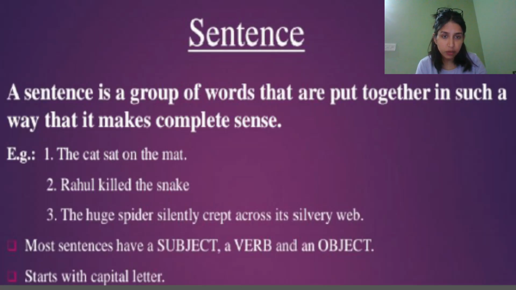Just like this, we'll be constructing different sentences and learning what different types of sentences there are in grammar. When we start a sentence, the first letter of the first word is in capital letters.